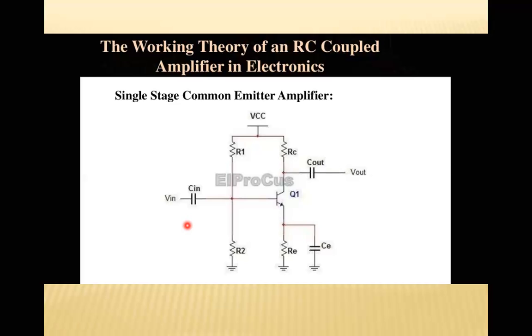R1 and R2 resistors are used for providing proper biasing to the bipolar transistor. R1 and R2 form a biasing network which provides the necessary base voltage to drive the transistor into the active region. The region between cutoff and saturation region is known as the active region.